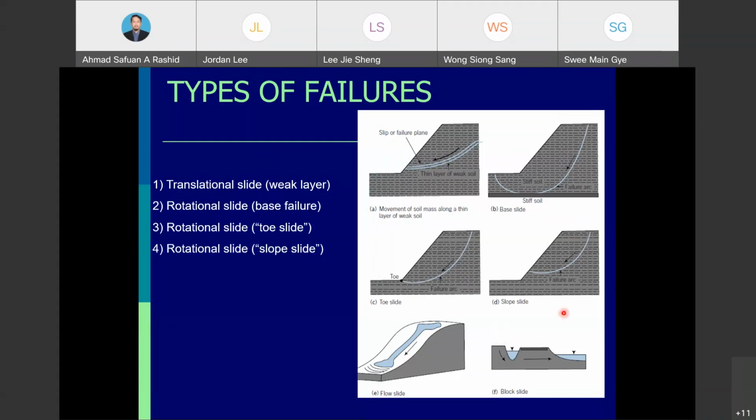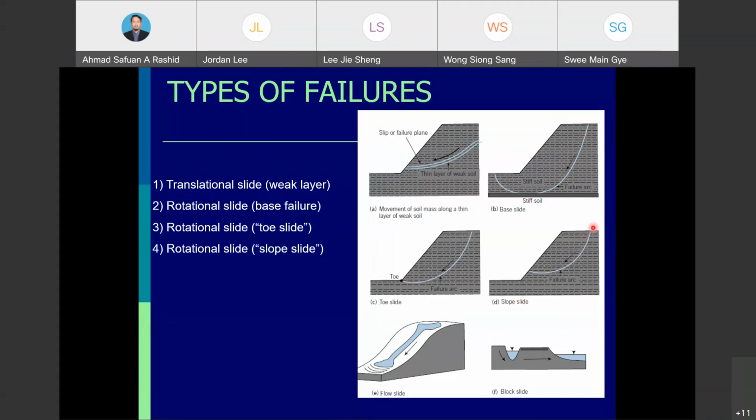So we can see here there are three different types of failure, based on base, toe, and slope. So it is very difficult.